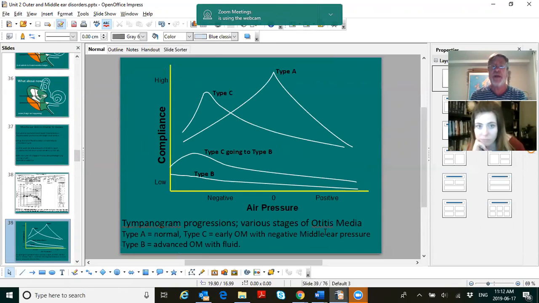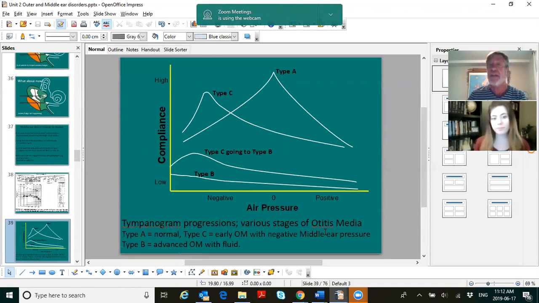Here's your types of tympanograms that we covered last week. You've taken some of this in audiometry, but it's very, very important in hearing disorders to be able to tie together audiometric findings with the disorder.